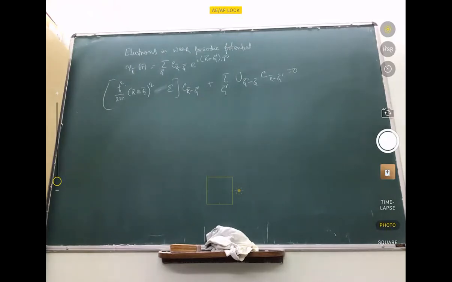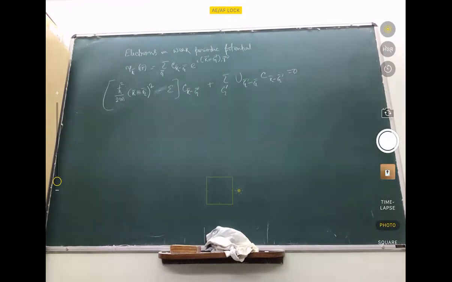Now for a given k here, there are an infinite number of solutions for c_{k-G}, and we can view those infinite number of solutions as our bands.